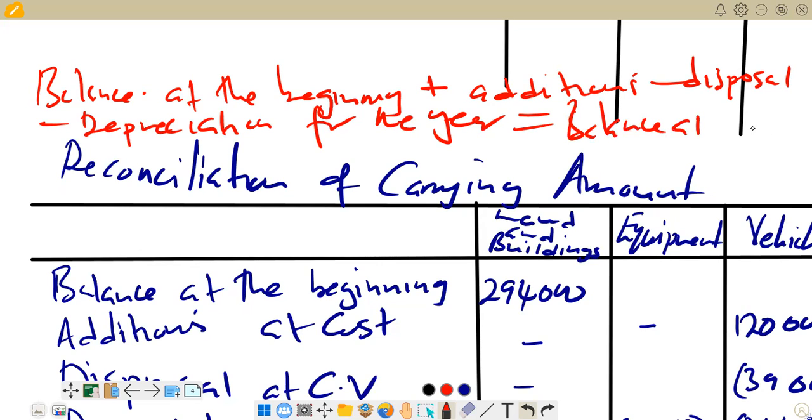Then the figure that we want to find is the balance at the beginning, so we are just going to make it the start of the formula. And obviously it's going to be balance at the end, we add disposal, we add depreciation for the year, then we subtract additions. So this is the formula that we are going to employ there.